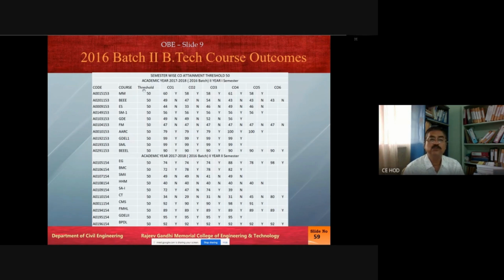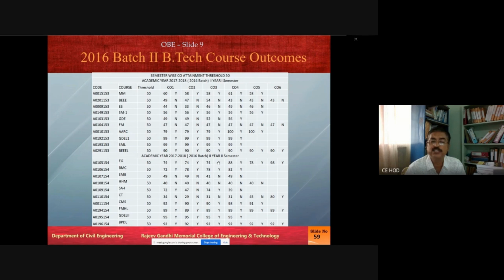Now I am going to give you the course attainment values of the 2016 batch. When they were in second year first semester, these are the CO attainment values for different subjects, sir. The threshold is 50. For crossed I have put yes, for not crossed I have put no. This is for the 2016 batch second year first semester.